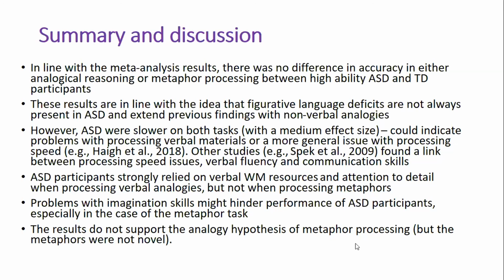And actually, this is what's described in some studies. For example, processing speed issues have been identified in high-functioning autistic people before, and these studies also linked it to problems with verbal fluency and communication skills.